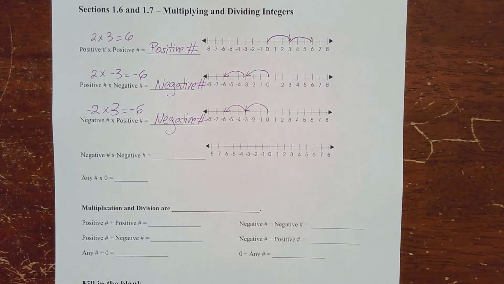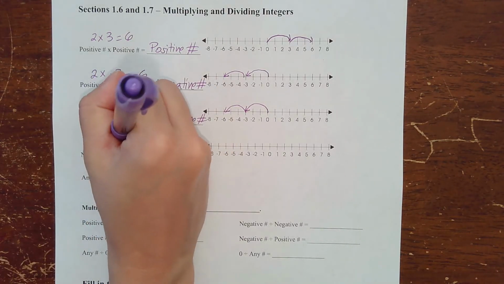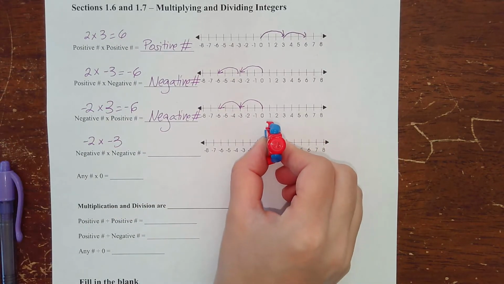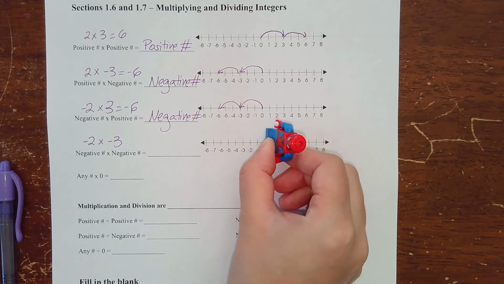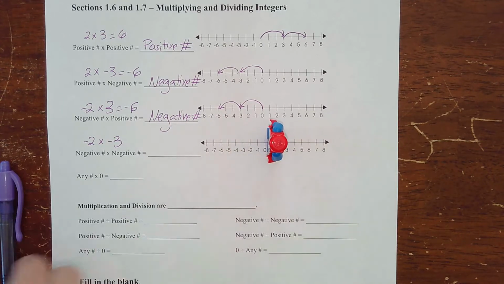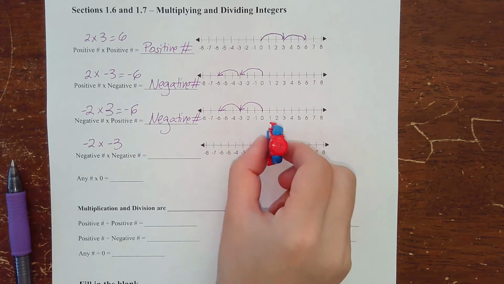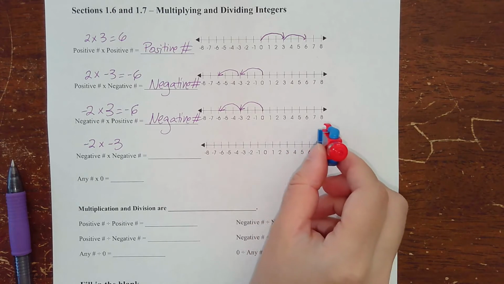Last but not least, what happens if you have a negative number times a negative number? So, for example, negative 2 times negative 3. So this time our friend Spider-Man is going to start at 0, but he's going to face the negative direction since we're starting with a negative. And because we have this negative 3, he's actually going to hop backwards. So he's facing the negatives, and he's hopping backwards once and twice.